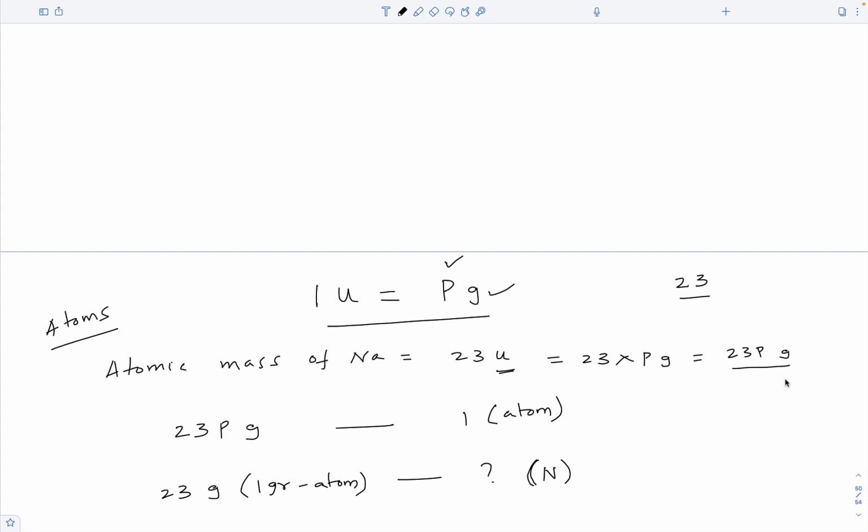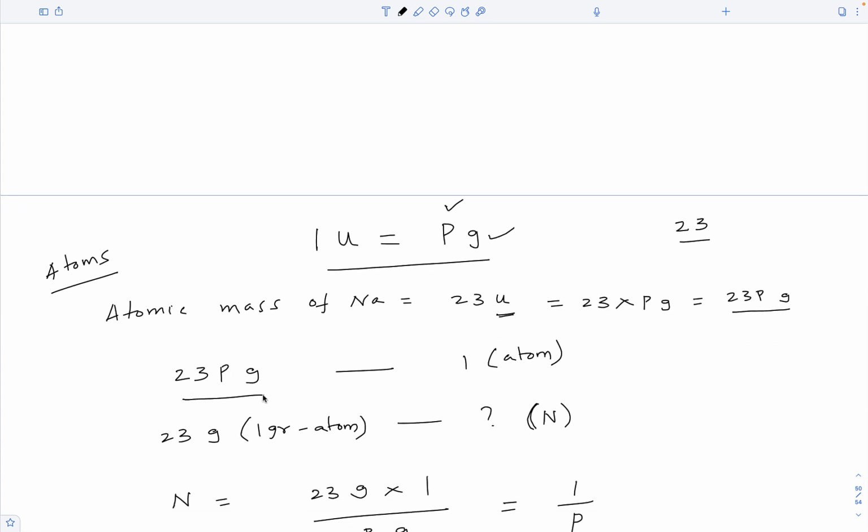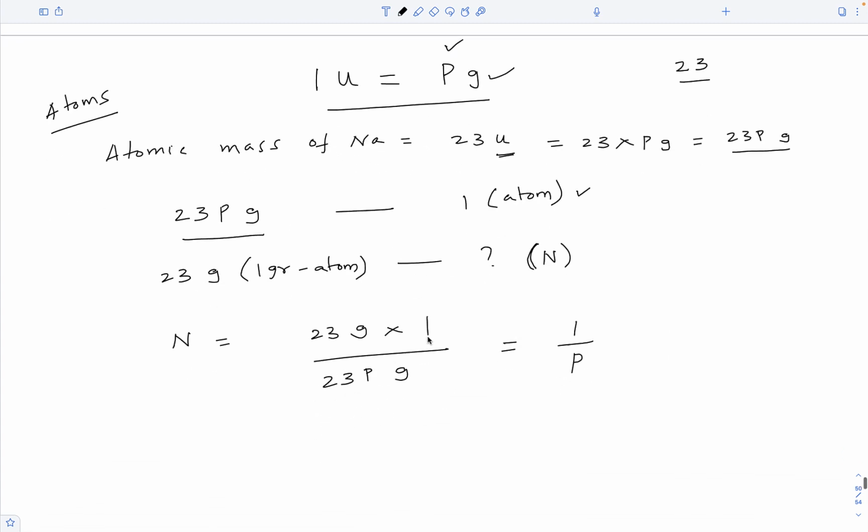Or in other words, if you take 23 P grams of sodium, then you have just one sodium atom. Then if you take 1 gram atom of sodium, that is 23 grams of sodium, how many sodium atoms will be there? Let us call that number capital N. Capital N will be equal to, you have to multiply these two terms and divide that product with this term.